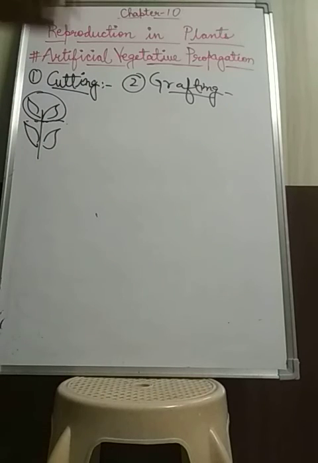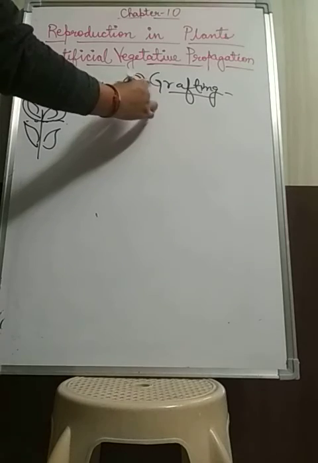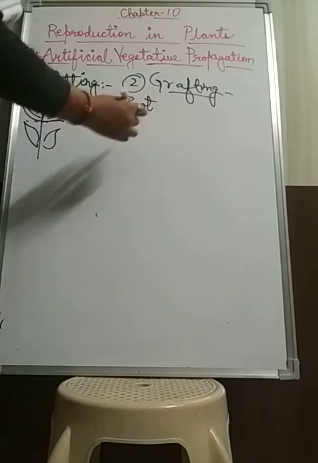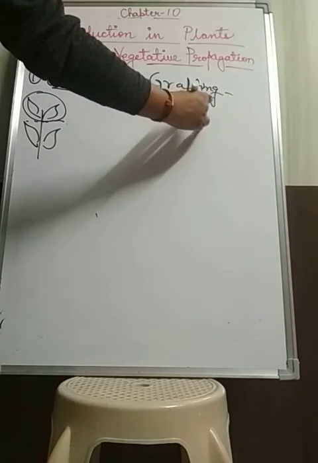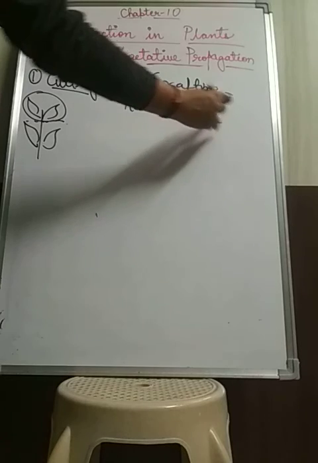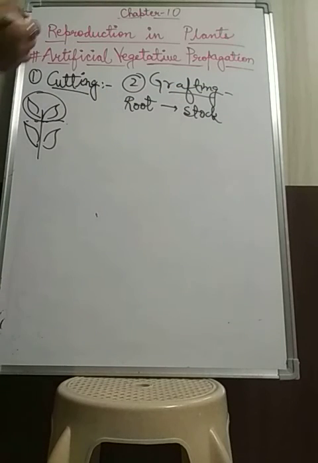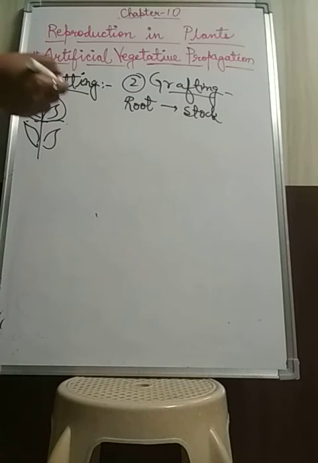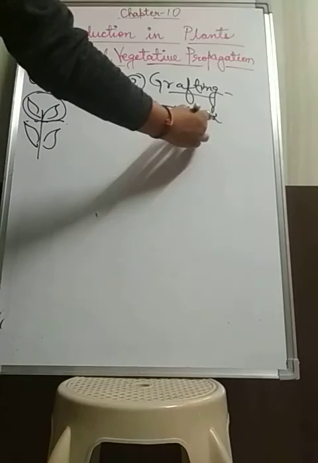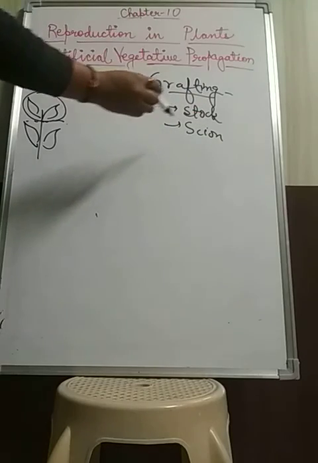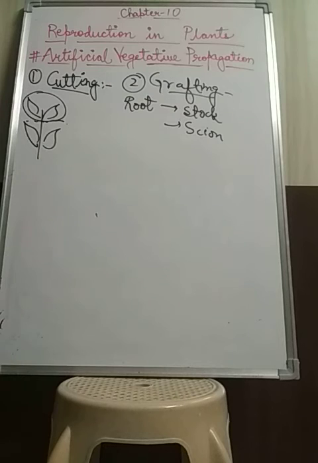One plant is selected for the roots, and that part is known as the stock, and the other part, which is used for the stem, leaves and flowers or fruits, is known as the scion.